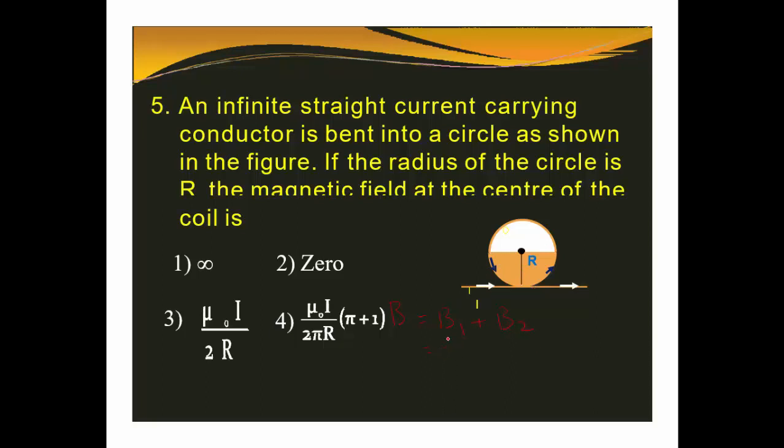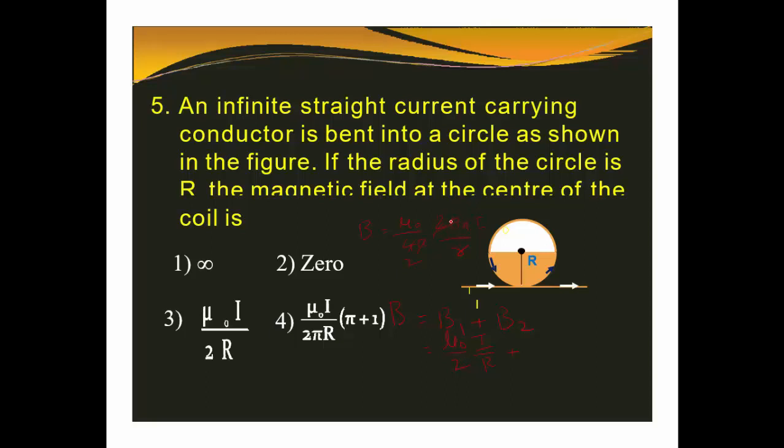The answer is mu naught by 2 I by R. This is the center formula: B equal to mu naught by 4 pi into 2 pi n I by R. The 2 pi and 2 pi cancel, and n is 1 here, one circular coil.